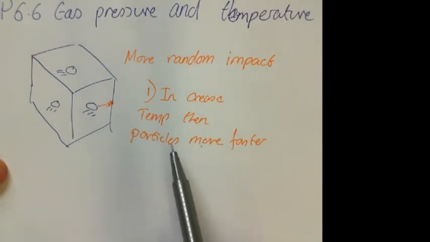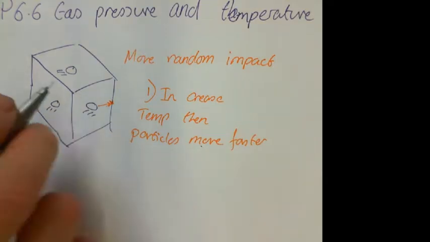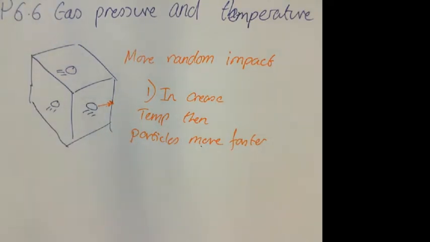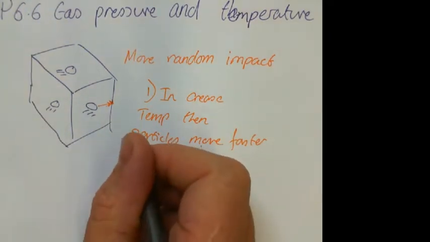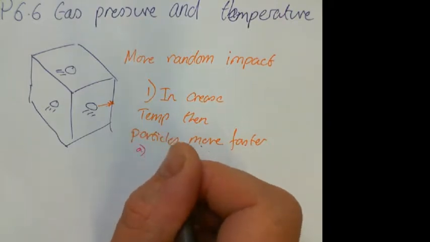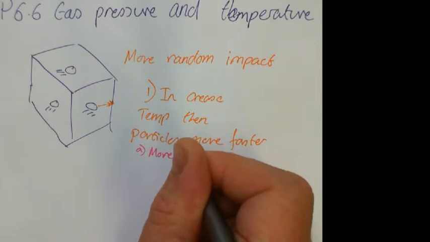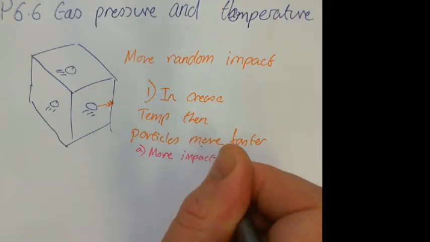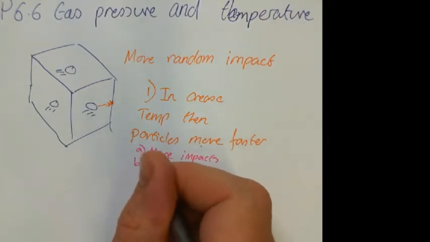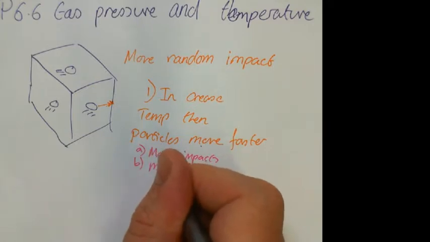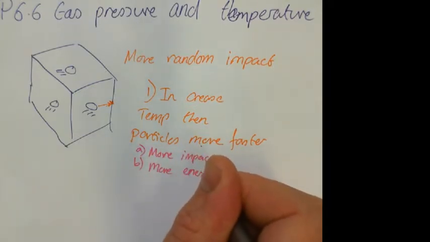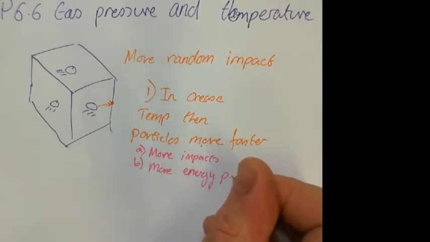And that has two effects. Effect part A is that there are more impacts, and effect part B is more energy per impact.